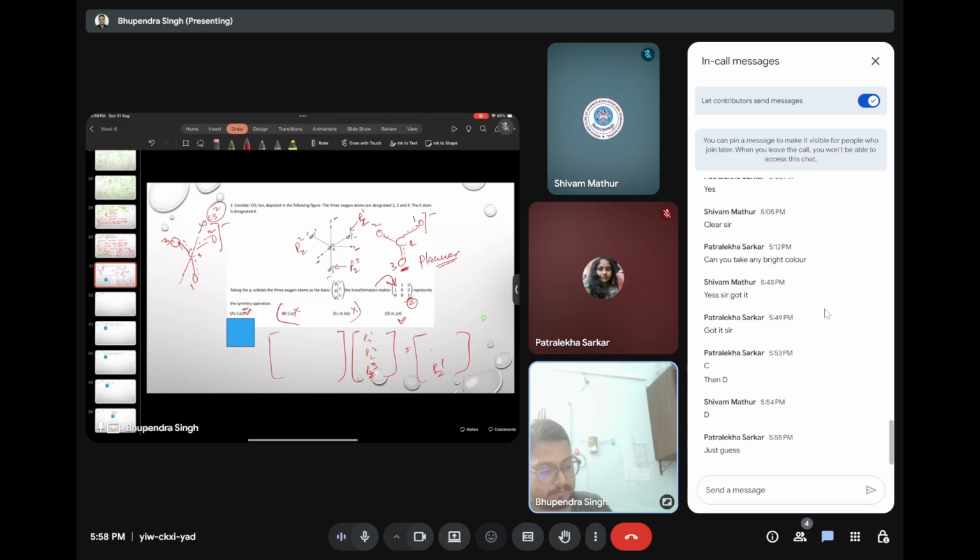Position 2 will be occupied by PZ3, and this one is occupied by 2. Am I clear? Till now, note it down, because you were guessing.